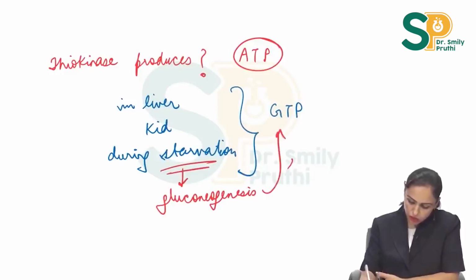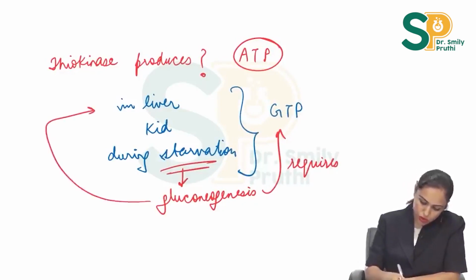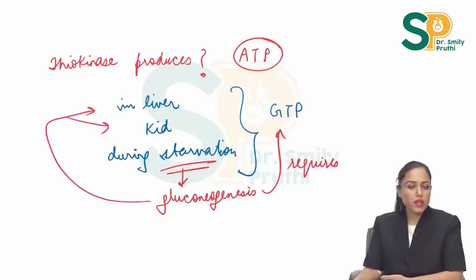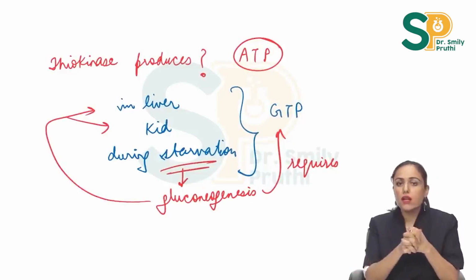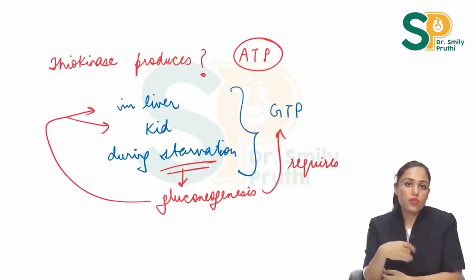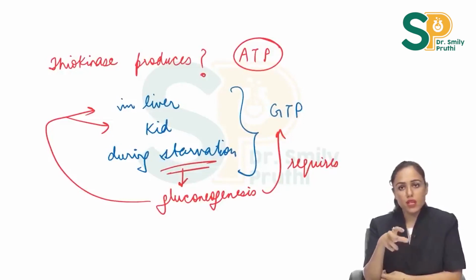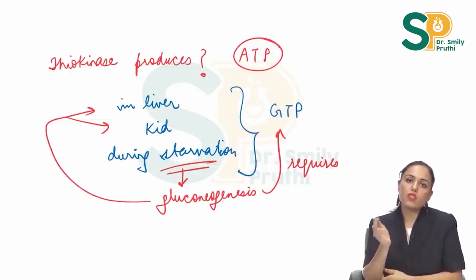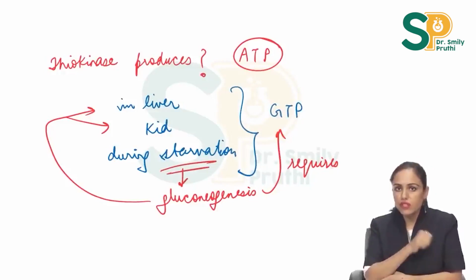This pathway gluconeogenesis requires GTP, and gluconeogenesis, you know, occurs in these two organs, liver and kidney. So, can I say that thiokinase of TCA produces GTP in liver and kidney during starvation for gluconeogenesis, right? You know, gluconeogenesis is a high energy consuming pathway. This pathway requires GTP and that is provided by thiokinase of TCA cycle, right?